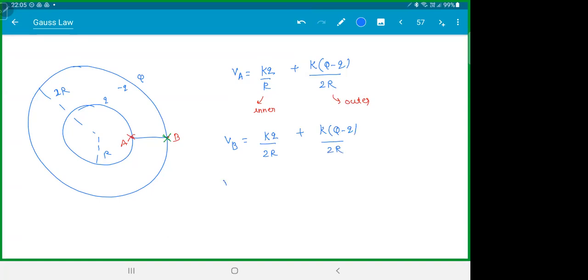Since both are connected by the wire, VA is equal to VB. So you get KQ by R plus K(Q minus Q) by 2R is equal to KQ by 2R plus K(Q minus Q) by 2R. This will cancel. We get KQ by 2R is equal to 0, which implies Q is equal to 0.